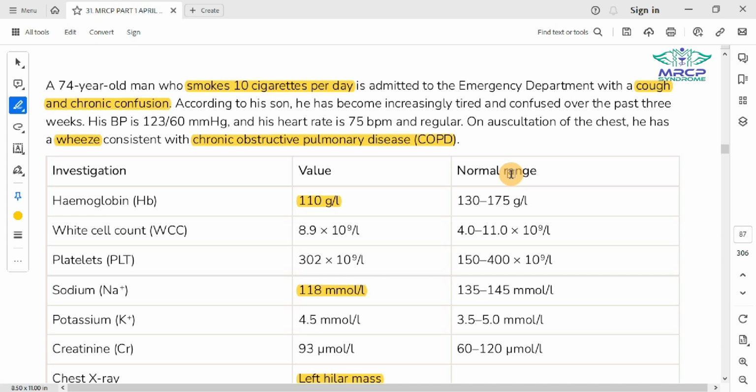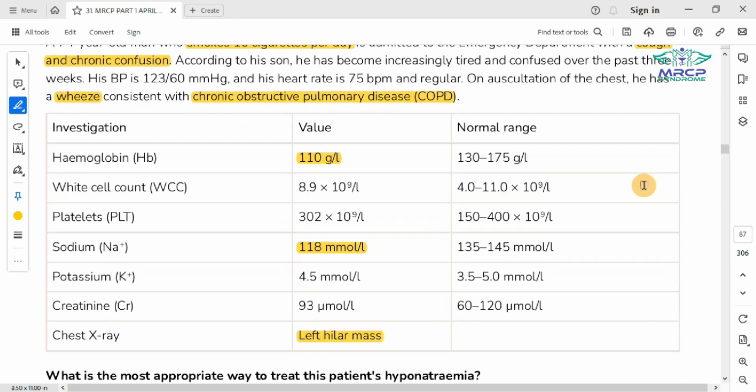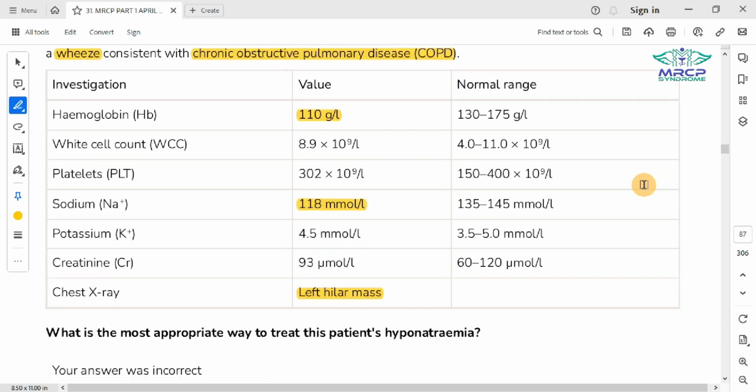On auscultation of the chest, he has a wheeze consistent with COPD. Hemoglobin is low, 110 grams per liter. WBC normal, platelets normal. Sodium is low, 118 millimoles per liter. Potassium normal, creatinine normal, and on chest X-ray, there is a left hilar mass.